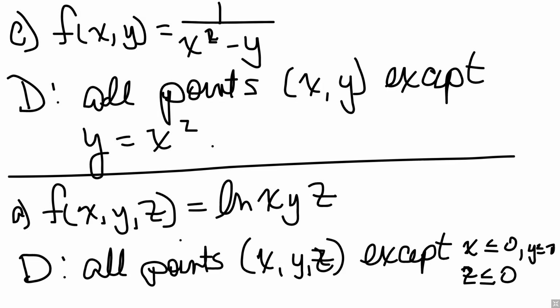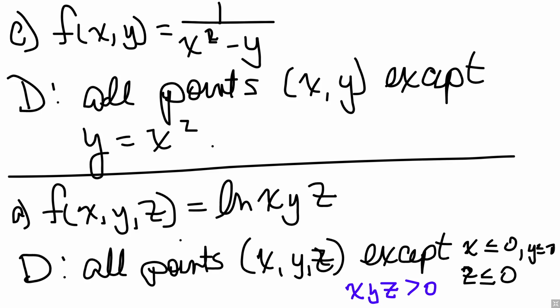Or we can just simply say it's all points x, y, and z where x, y, and z are greater than 0. Okay, so you can say it either way.